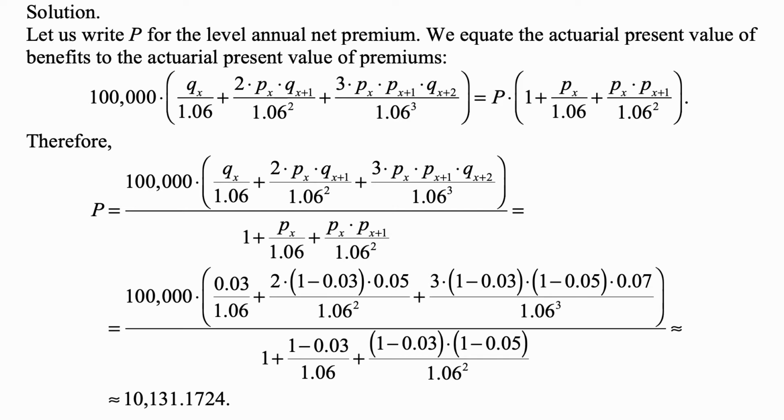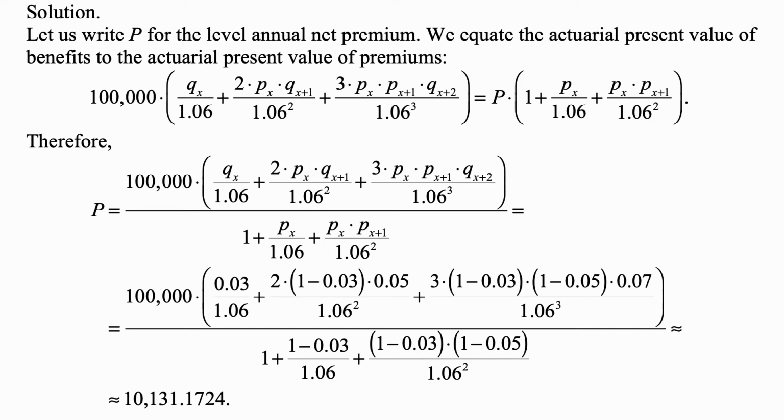And plus 3, because the death benefit in the third year is 300,000, times p_x p_{x+1} times q_{x+2}, corresponding to the probability of dying in the third year with the death benefit paid at the end of the third year. So first year, second year, third year death benefits are accounted for here.